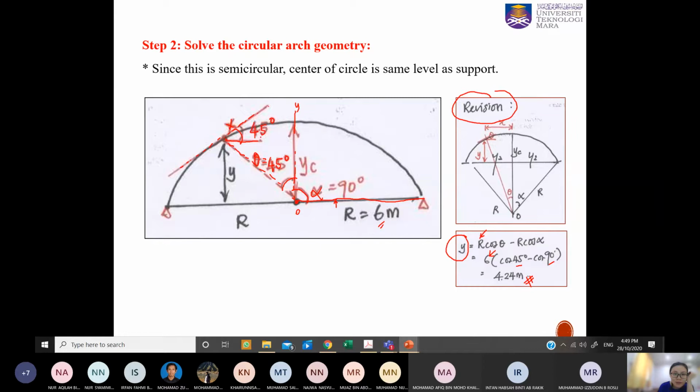This is what I would like to highlight here. You need to make sure you understand the way to get this theta. The theta, 45, that we want to use later to resolve forces is actually taken from this theta.